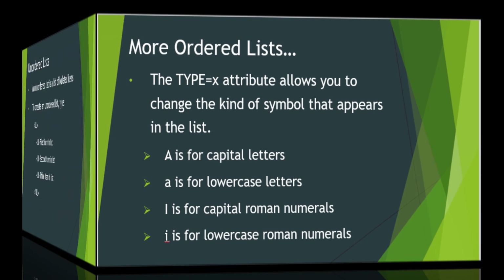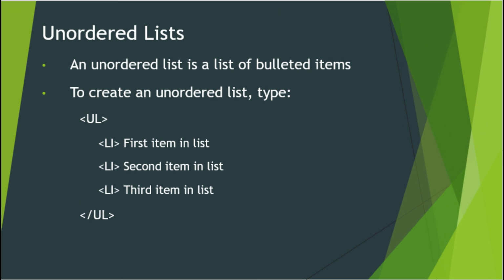Then what is an unordered list? An unordered list is a list of bulleted items. We create the unordered list by using the UL tag, and inside the UL we list the elements.